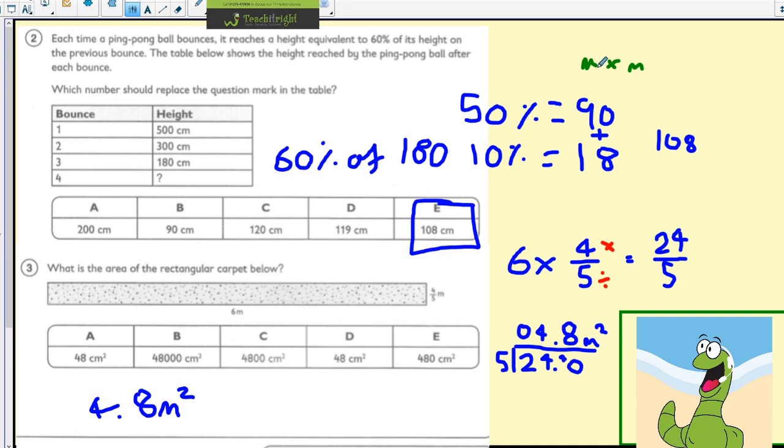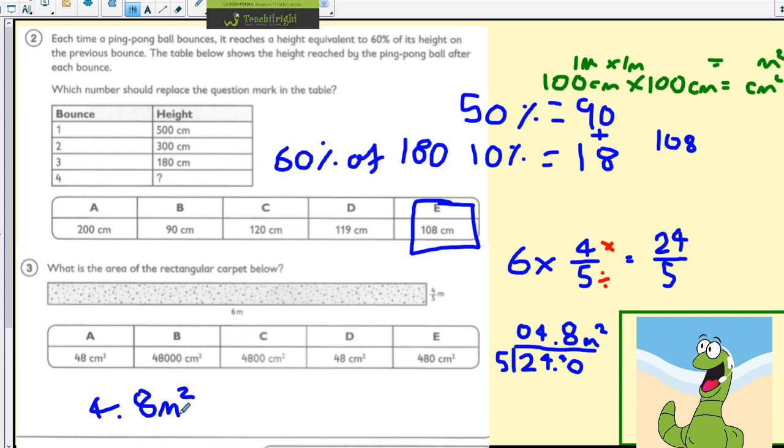So the way I like to think about it is if I was to convert each of my meters to centimeters, so instead of having 1 meter times 1 meter, which is meters squared, I'd have 100 centimeters times 100 centimeters. And that would end up the same as meters squared.